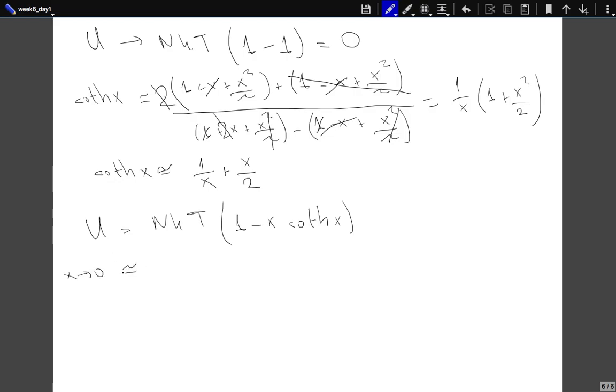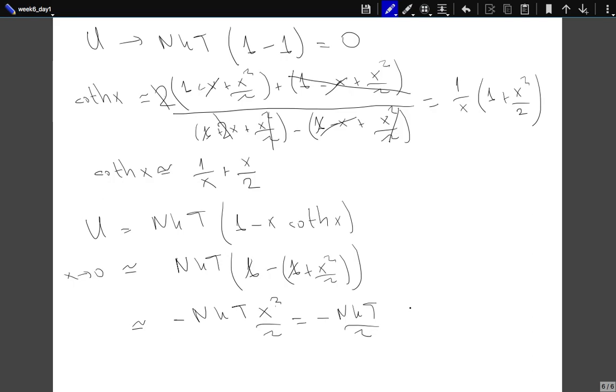This for small x becomes n k t times 1 minus, if you multiply this one by x, I get 1 plus x squared over 2. The 1's cancel, so it just becomes minus n k t x squared over 2, or minus n k t over 2. x is mu b over k t, so x squared is mu squared b squared divided by k squared t squared.